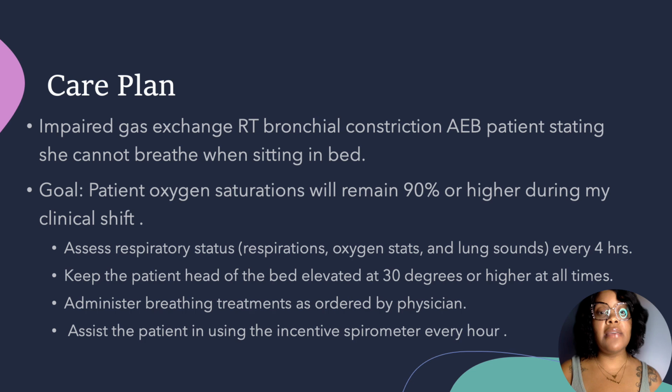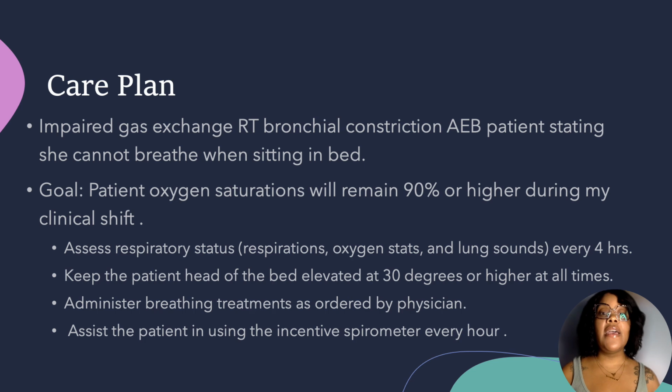The next one is keep the patient's head of the bed elevated at 30 degrees or higher at all times. The next one, administer breathing treatments as ordered by the physician. And the last one is to assist the patient in using the incentive spirometer every hour. So you see how I came up with some interventions that could help us meet our goal.